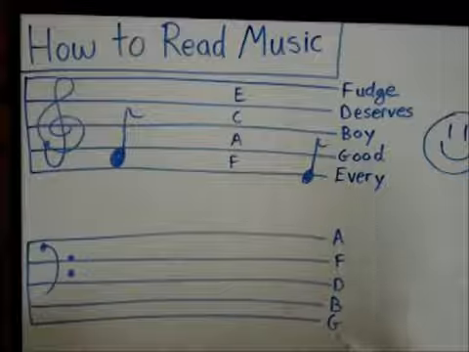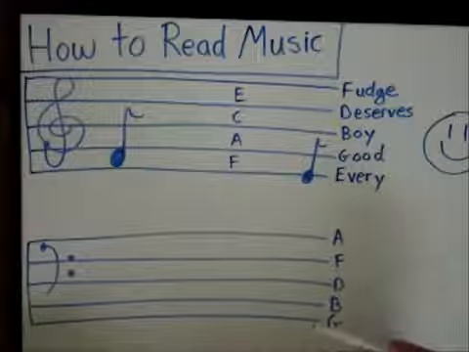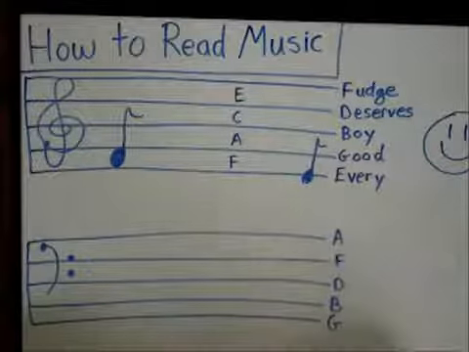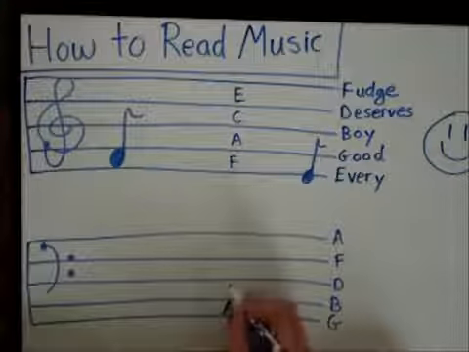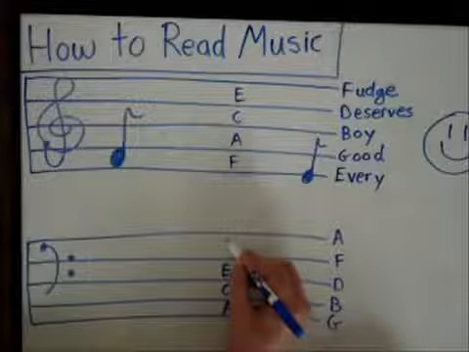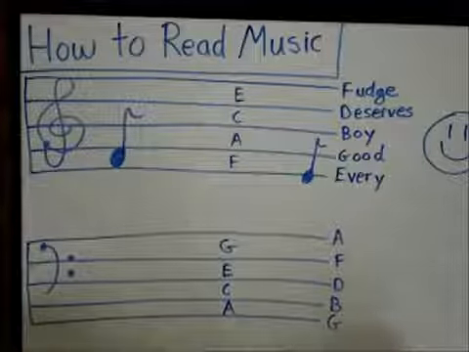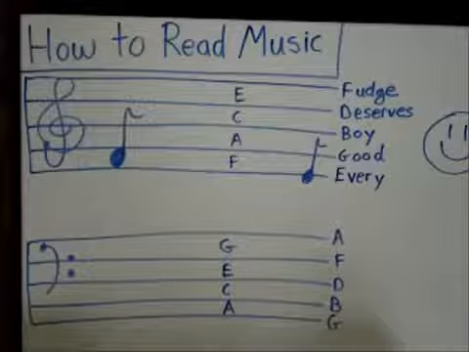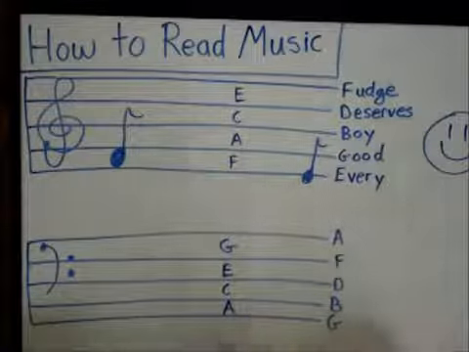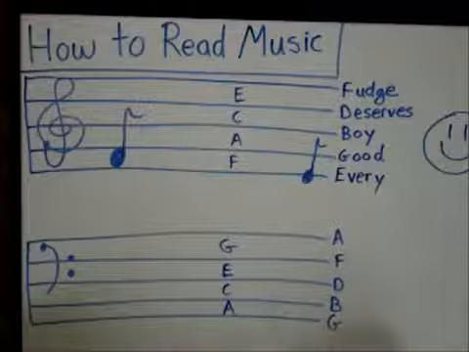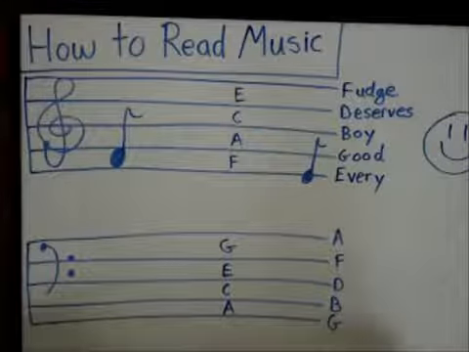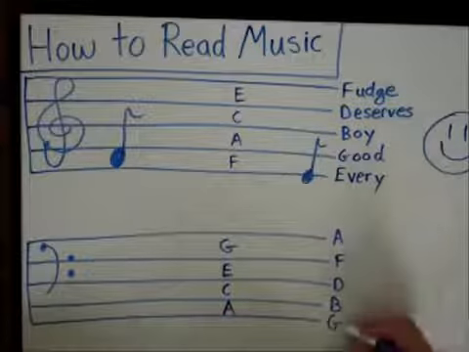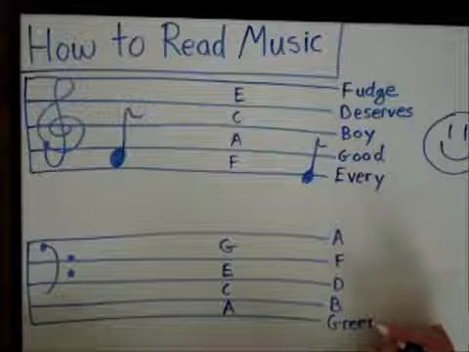The lines represent, the first line represents G, then B, D, F, A, and the spaces represent A, C, E, G. So again, if you see a note, you're just playing what these are representing. An easy way to remember the lines for the bass is this little mnemonic.